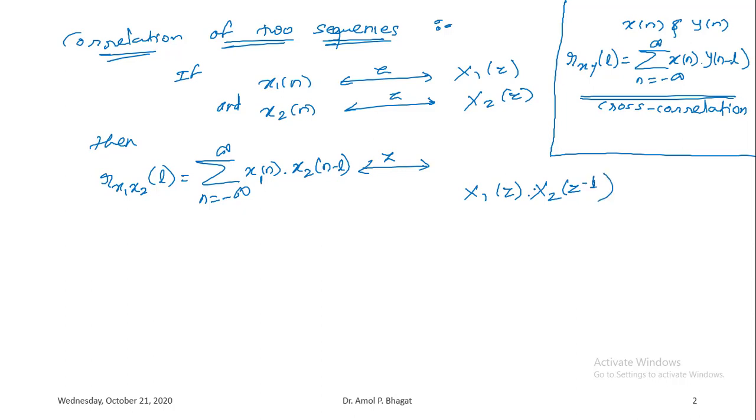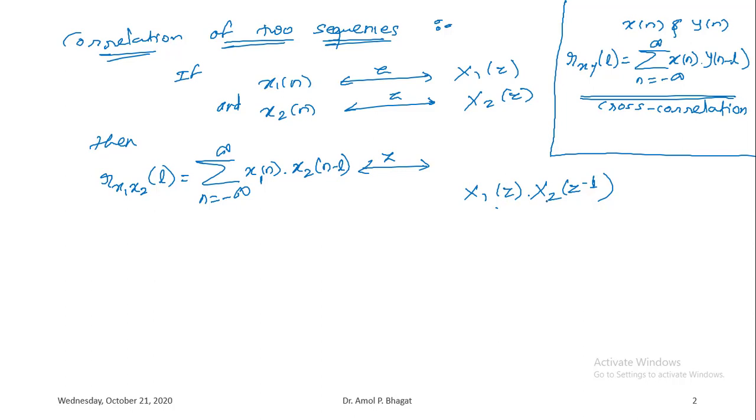Okay, in the previous session we have seen that the convolution of x1 of n and x2 of n is the multiplication of their respective Z transforms in Z domain, that is X1 of Z multiplied by X2 of Z. In case of correlation, the correlation of two sequences in Z domain will be the multiplication of X1 of Z, that is the Z transform of the first sequence, and this is nothing but, as per the time reversal property, X2 of Z inverse.